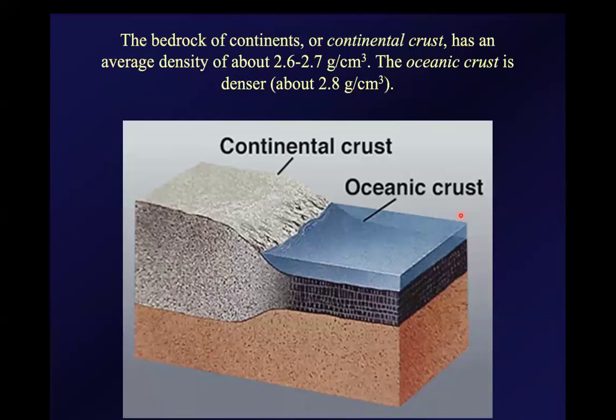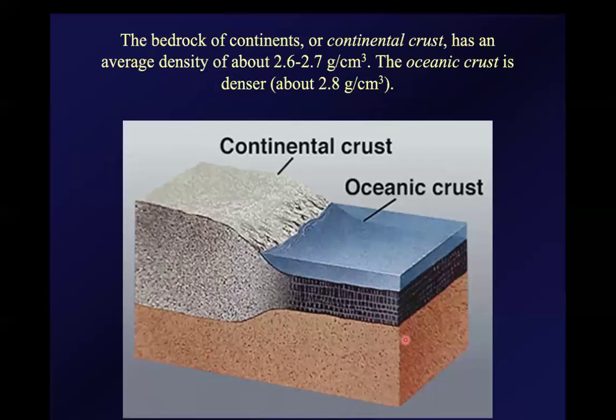And both the continental crust that makes up the continents and the oceanic crust that makes up the floor of the ocean are literally floating on top of a body of even denser, hotter rock underneath.